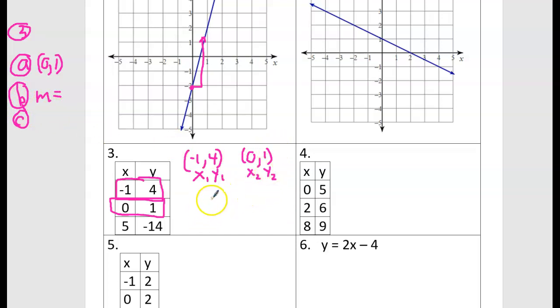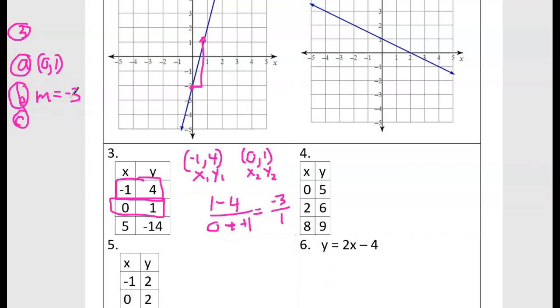So you have y2 minus y1 over x2 minus x1. And you got to be careful with those double negatives. The formula is minus, right? And x1 is negative, so you have minus and -1. So watch out for the double negatives. 1 minus 4 is -3, and double negatives become positive, so it's over 1. So my slope would be -3.